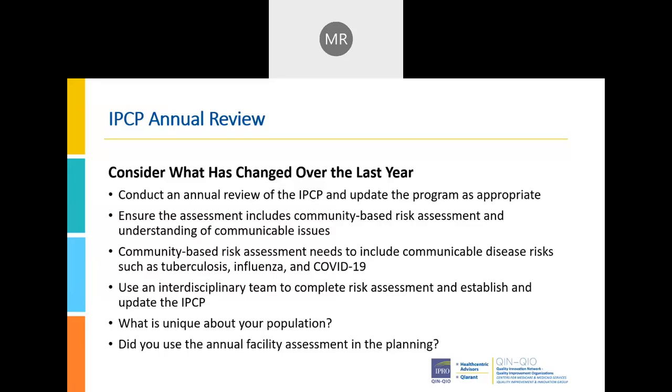You can reach out to your local health departments to understand if there are pockets of different communicable diseases, such as tuberculosis, influenza, COVID-19. We see COVID-19 and influenza kind of up and down. There are areas in New York State that there's a higher risk of tuberculosis. So being aware of what's happening in your area is very important when you're doing your planning.